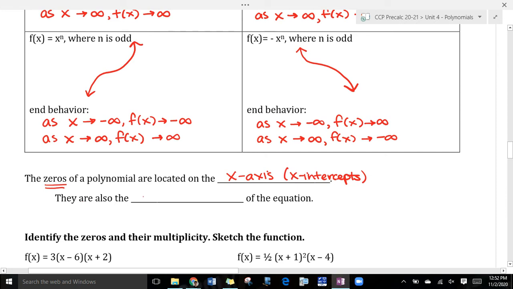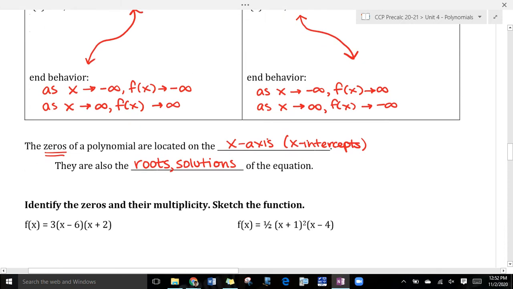Some other names for the zeros are called the roots. So you may see these referred to as the roots of a polynomial function. Or if we're talking about an equation, we can say that they are the solutions of the equation. Okay, so zeros, x-intercepts, roots, and solutions are all referring to those same values.